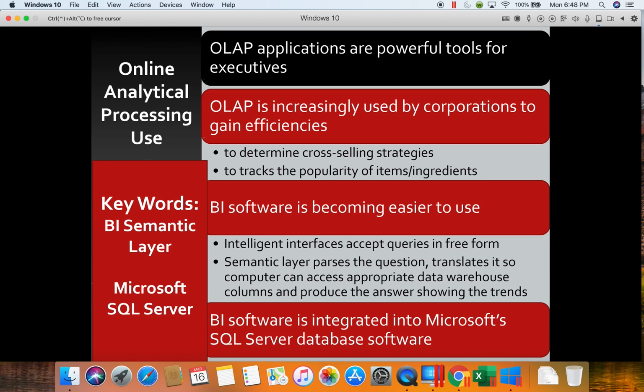OLAP applications are increasingly used by corporations to gain efficiencies. Employees who know very little about programming and report design are discovering that business intelligence software is becoming easier to use. Intelligent interfaces are created, allowing us to enter a question in free form or very close to the way we would say the question, and then they're able to interpret that and get us the answers we need.